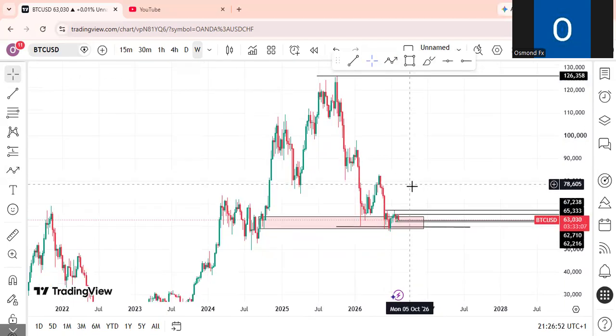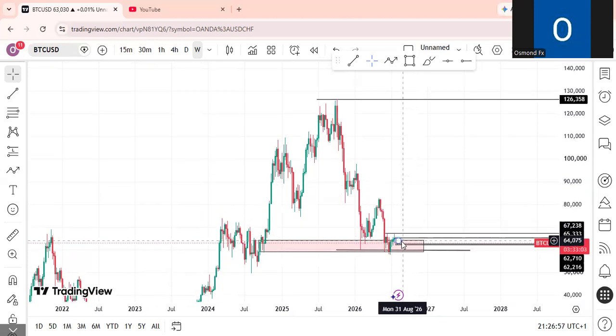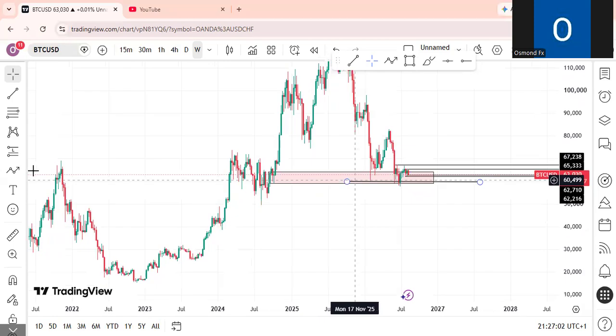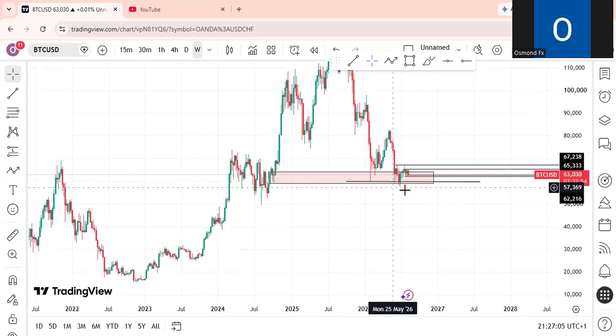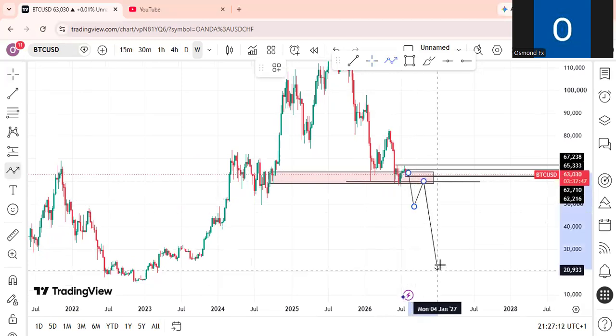That is the reason why I'm expecting more buying opportunity to the upside on BTC. So that is my overall movement. I'm expecting BTC to be bullish, to buy to the upside, unless anything makes BTC break below this low. Once this low gets taken out like this, then I'll expect more selling opportunity to the downside.